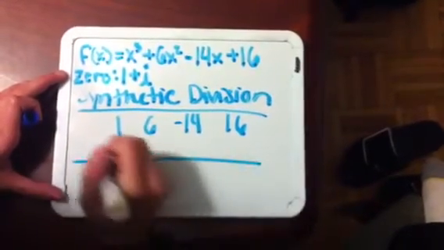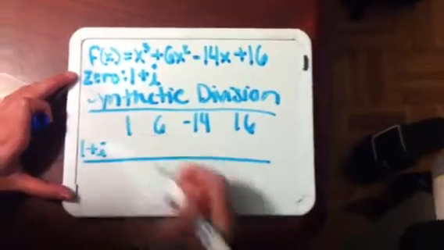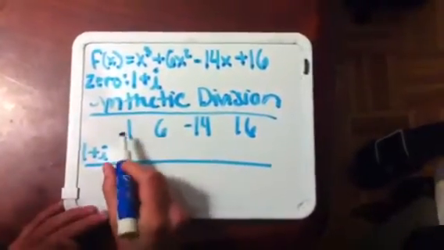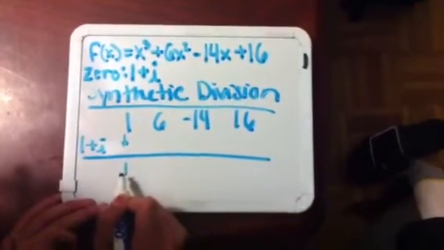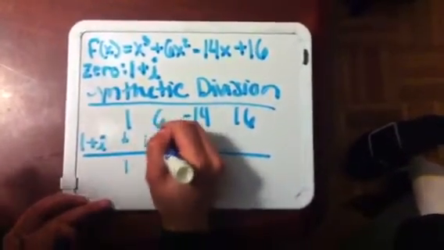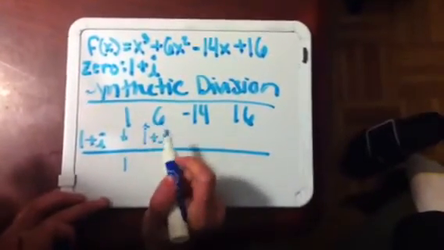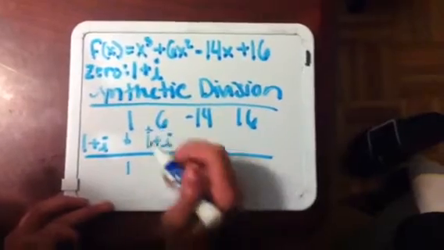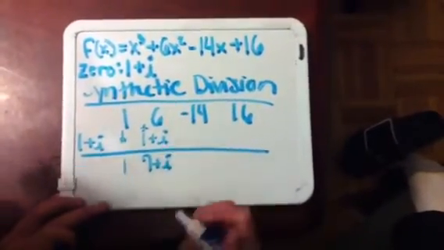Then we're going to divide this by 1 plus i, which is our given root. We drop the 1, and we multiply that times the root, and we get 1 plus i, and we add it to 6. Once we add it to 6, we should have 7 plus i.